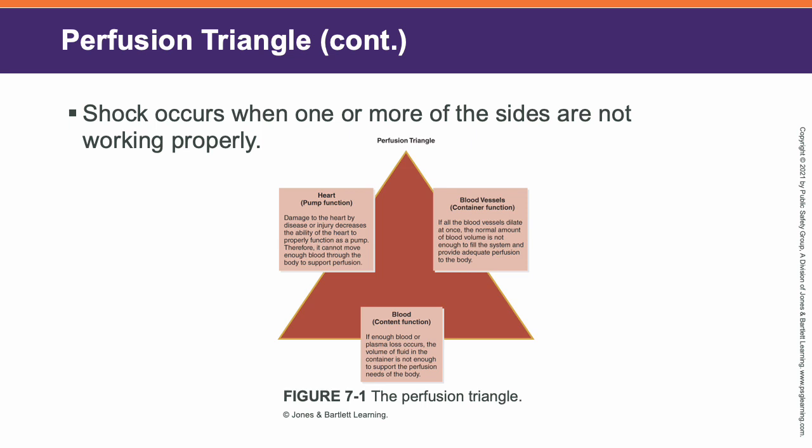Okay, and then of course blood. If somebody is bleeding heavily and they lose enough blood, then there's not enough blood to transport the oxygen throughout the body. Okay, so make sure you understand that whole system.